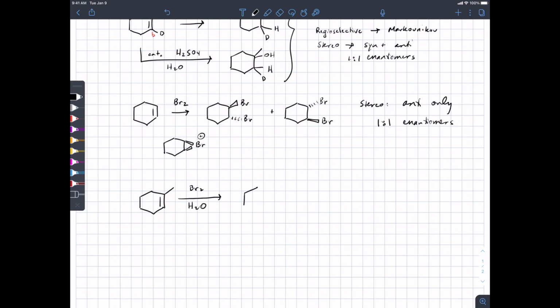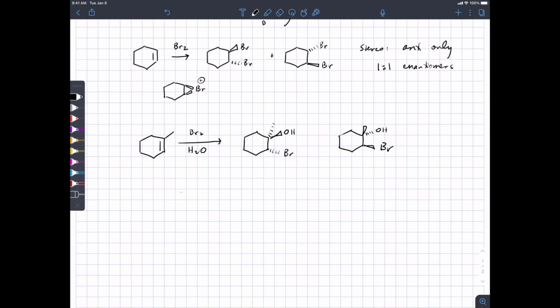What we saw in this reaction is that the OH group would still end up anti to the Br, but that the OH group would be exclusively on the more substituted carbon. And we rationalized this by saying that the transition state for this reaction is very similar to the transition state for epoxide opening.